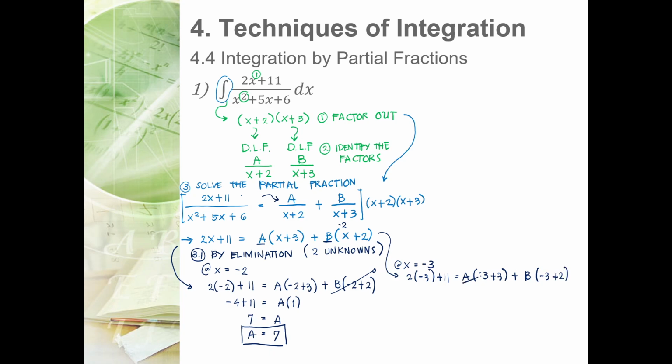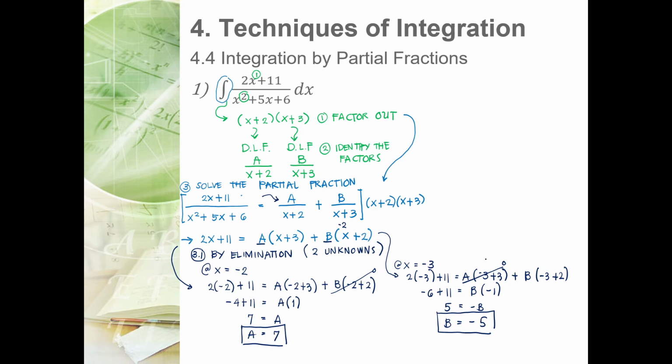Again, this becomes 0 because negative 3 plus 3 is 0, then 0 times a is 0. So you have negative 6 plus 11 is equal to b times negative 1. So 5 is equal to negative b, so b is equal to negative 5.